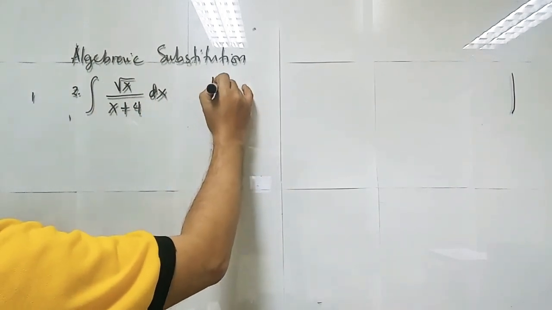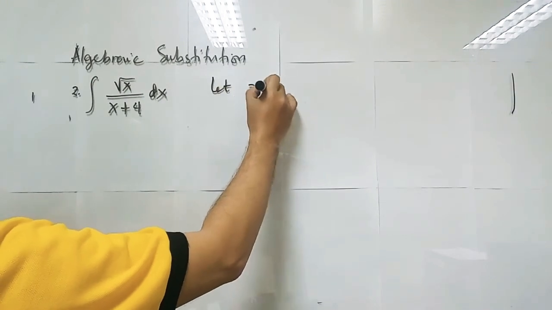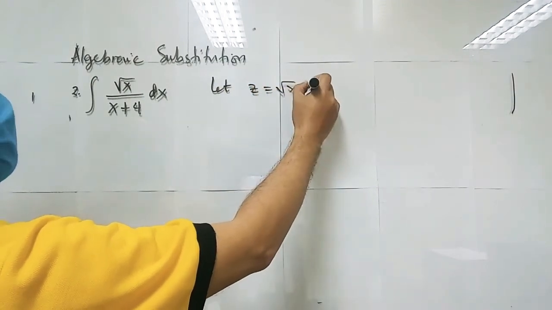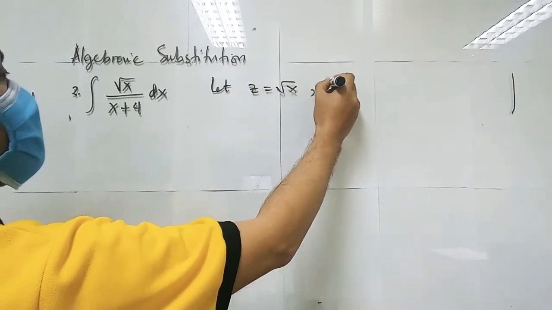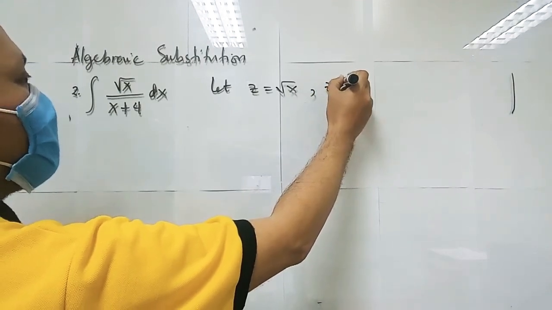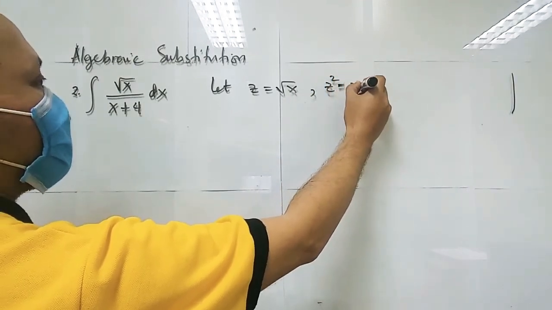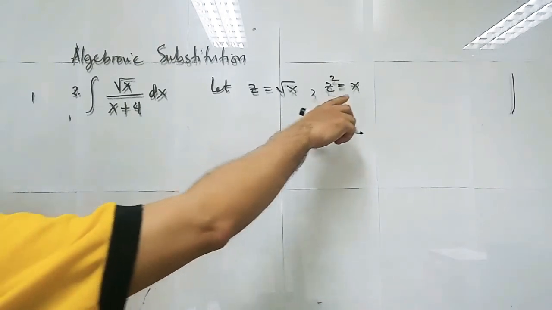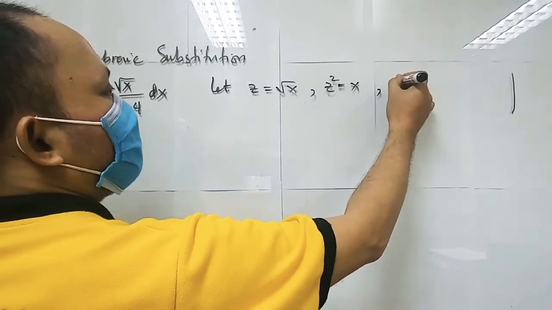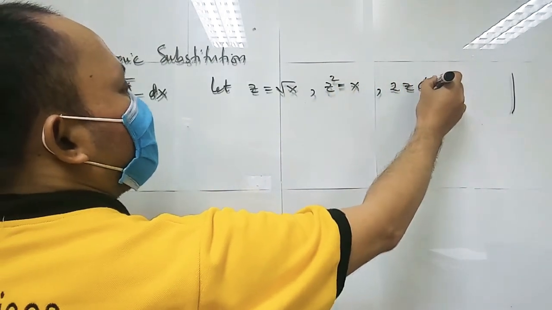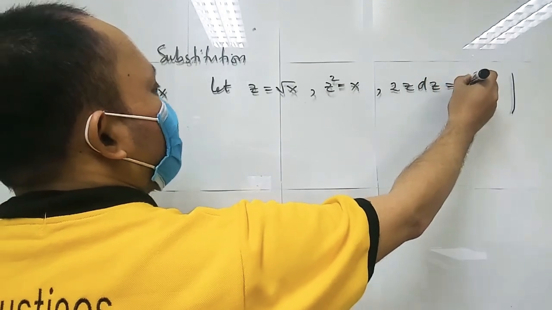So let's say z equals the square root of x, so that z squared is equivalent to x. And then take the derivative of this one, you have 2z dz is equivalent to dx.